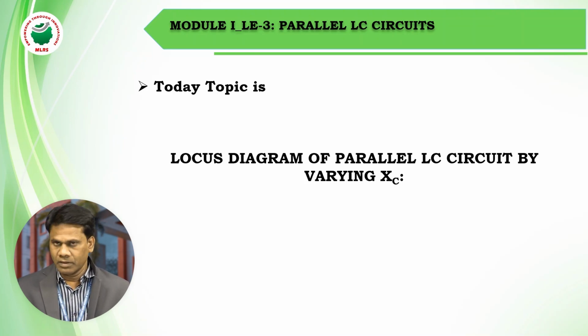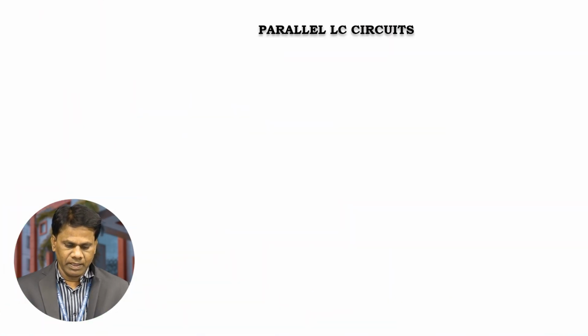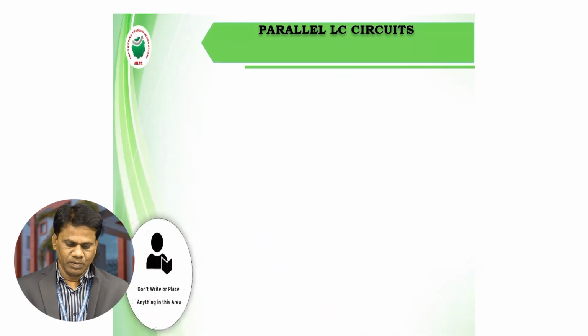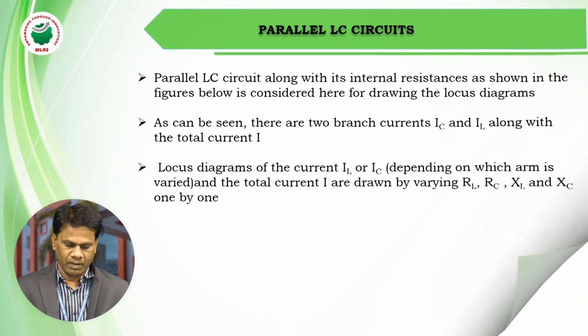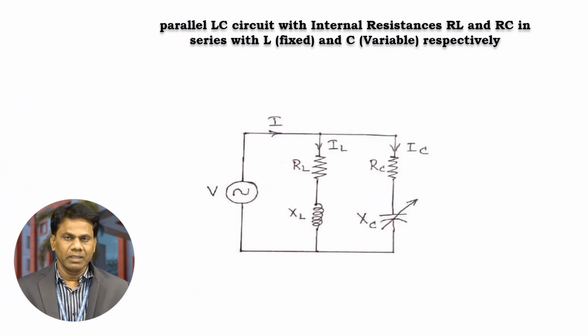So, for this, just consider a parallel LC circuit as shown in the figure. This is a parallel LC circuit, inductance and capacitance, with internal resistances RL and RC. RL is the internal resistance for the inductance, and RC is the internal resistance for the capacitance.